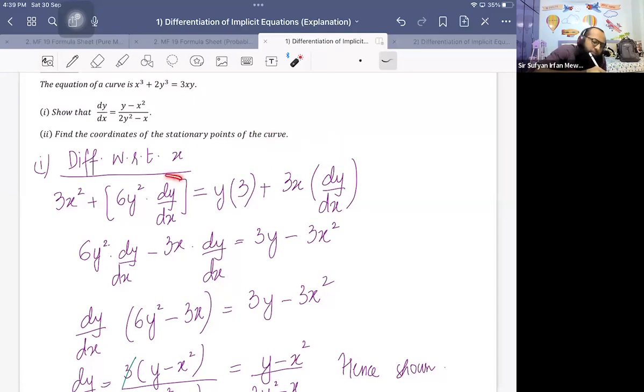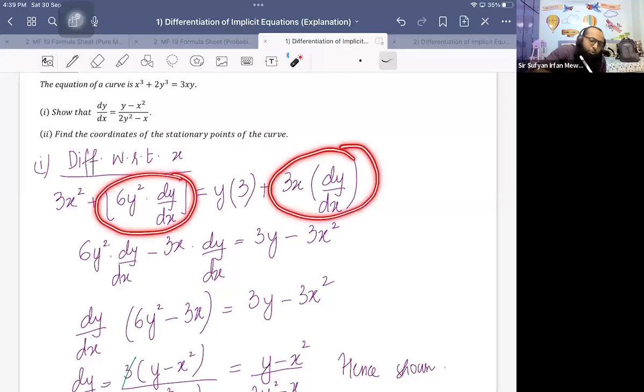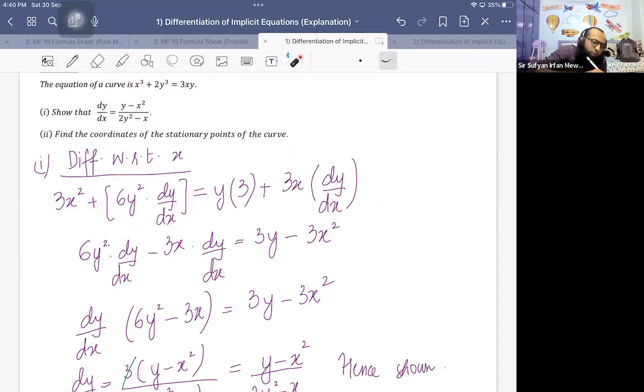Then we saw dy by dx over here as well as over here. So we are going to bring both the dy by dx to one side. But before that, if we check out what we actually need to show, we can see that it's y minus x squared, and at the bottom, it's 2y squared minus x.